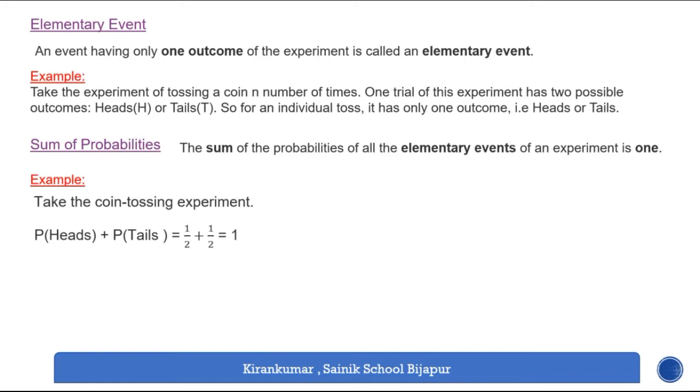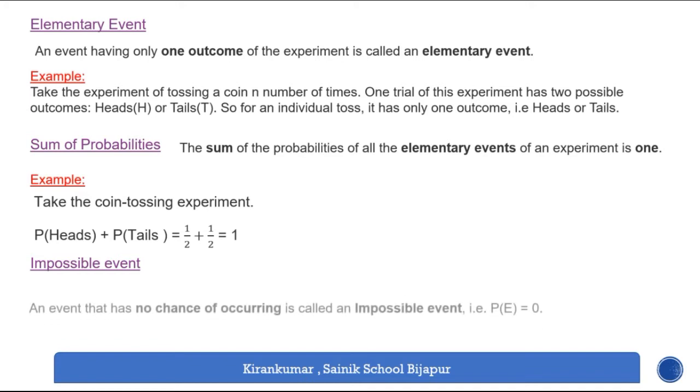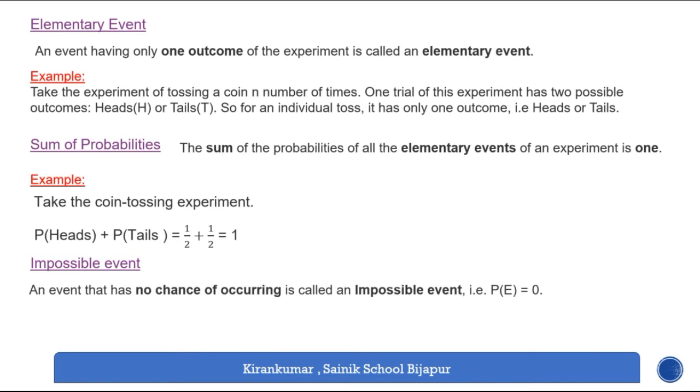Remember the concept impossible event. An event that has no chance of occurring is called an impossible event. That is, the probability of this event will always be equal to 0. For example, probability of getting a 7 on a roll of a die is 0, as 7 can never be an outcome of this trial.